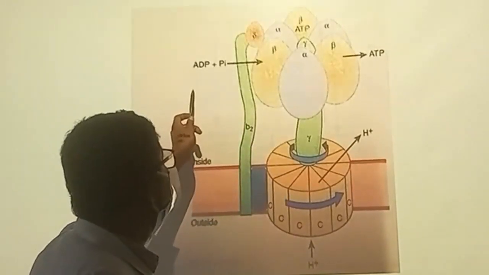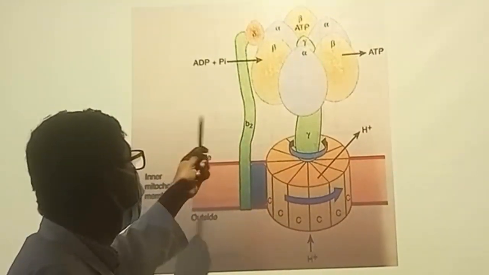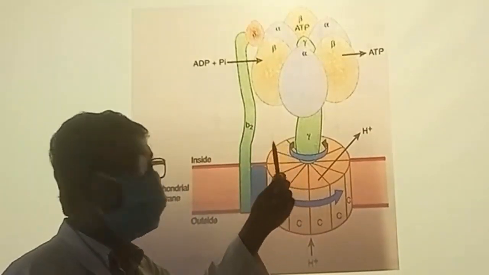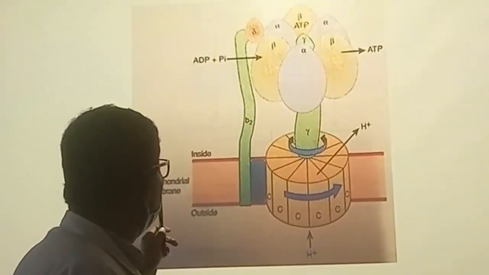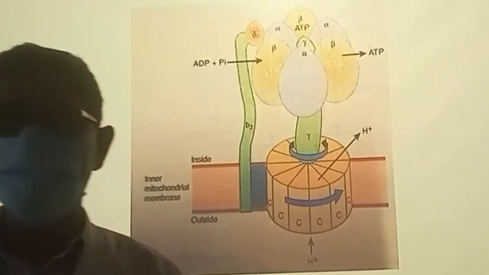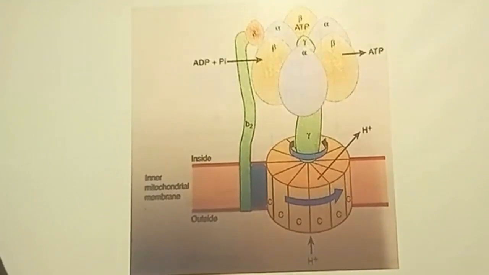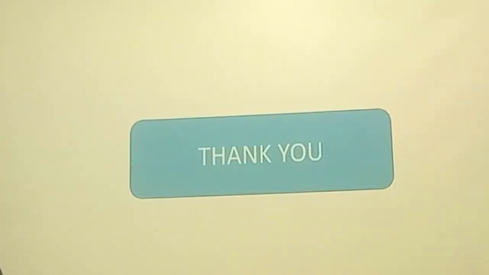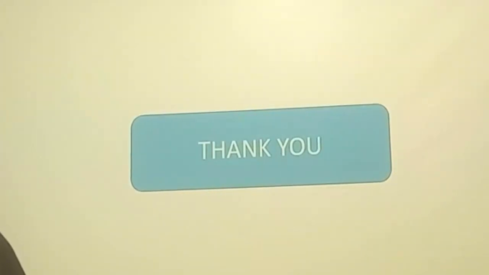So here, because of the proton pumping, ADP plus Pi, because of the energy through conformational changes, are converted to ATP. This is the ATP synthase complex, which plays a very important role in oxidative phosphorylation. So we may be required to remember a simplified form of this diagram, and don't make the mistake of mentioning it as complex 5. That is a wrong concept.